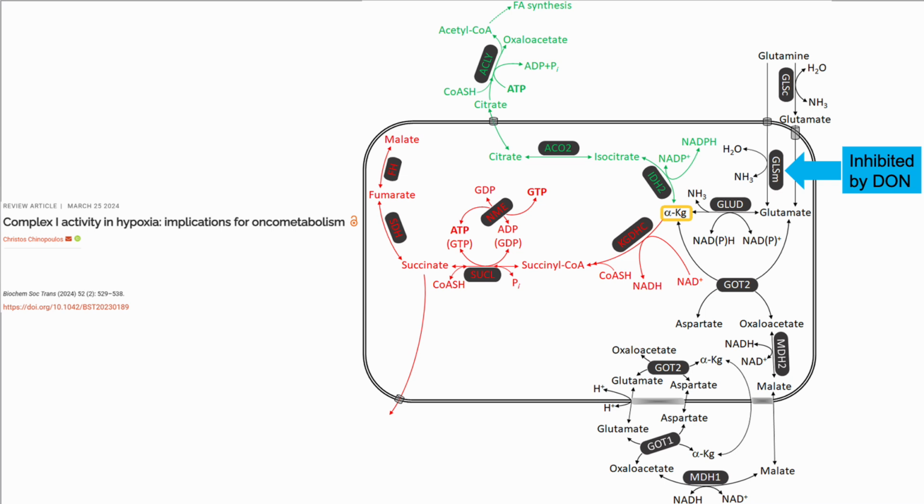So this is what I meant, that using DON will not be sufficient to block glutamate or glutamine catabolism in the tissue, because cancer cells have the capacity of getting alpha ketoglutarate from other intermediates as well.